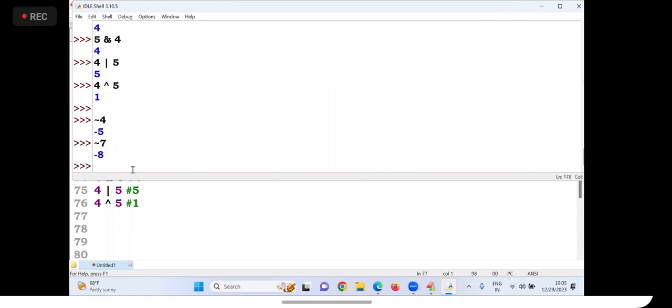Negation of 7, negation of 9, negation of 2, it came, right? But actually internally there is a big story, okay? Minus of n plus 1 is a shortcut story. That is not the original story. Internally there are a lot of stories. I will explain how it is coming.